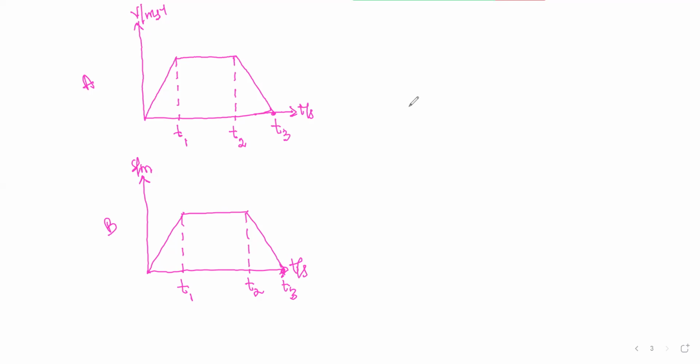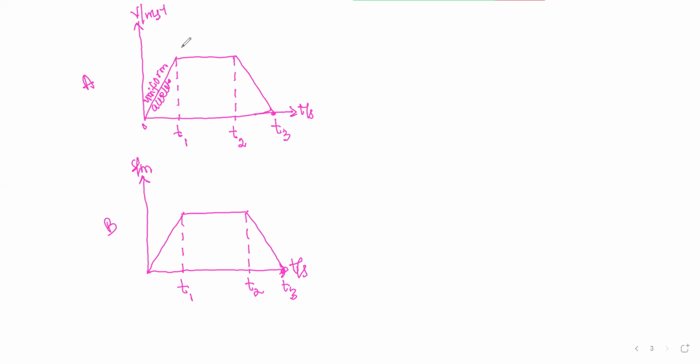So during the time interval T1, the body is in uniform what? Accelerated motion. Good, accelerated motion. Then between T2 and T1, constant velocity.